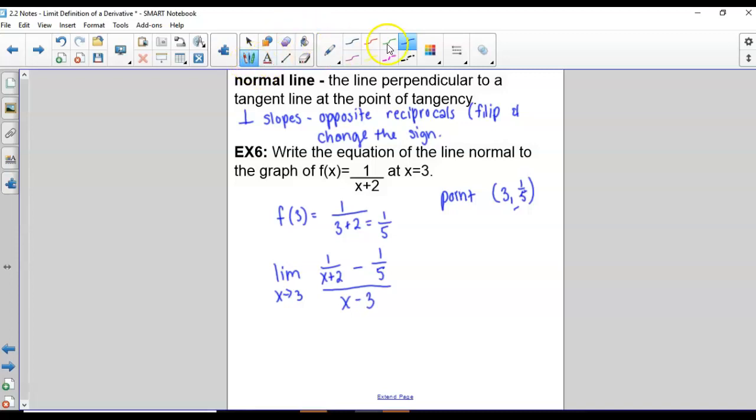So we'll get common denominators here, so I have to multiply by 5 on top and bottom for that first term, and I'll multiply by x plus 2 on top and bottom for that second term.